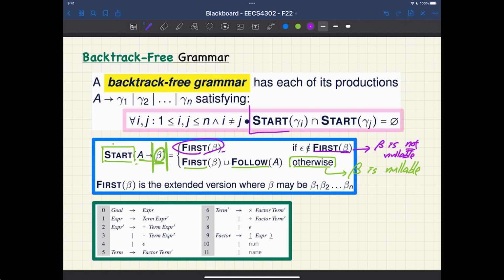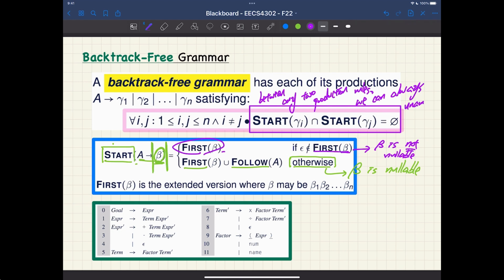So here, between any two production rules, we can always unambiguously choose one.